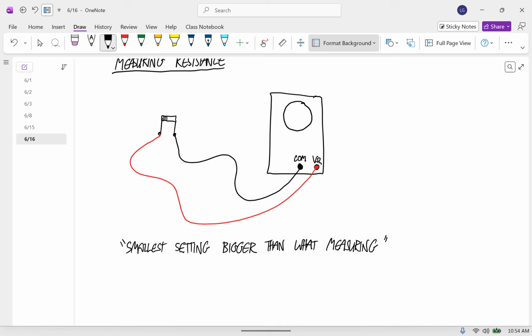We're measuring something that's 330 ohms. The K's mean kilo, so that means times 1,000. The M's mean mega, so that's times 1,000,000.